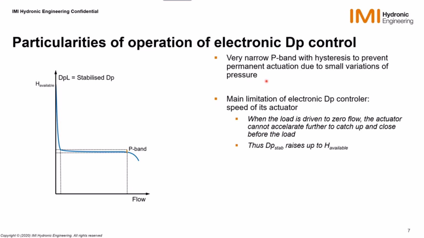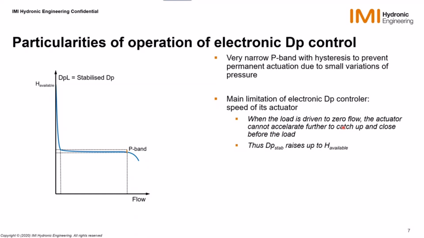And when the delta P tends to increase, at the moment you go to 0, the self-acting DP controller will close fast, fast, fast, and will prevent that delta P is increasing. With an electronic delta P controller, when the load is driven to 0 flow, the actuator cannot accelerate more than what the actuator itself has as an intrinsic speed, and it will not be able to catch up and close before the load is fully closed.